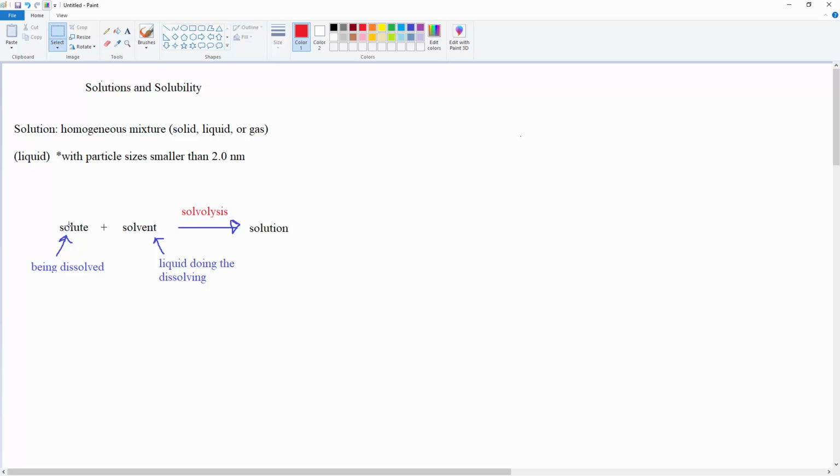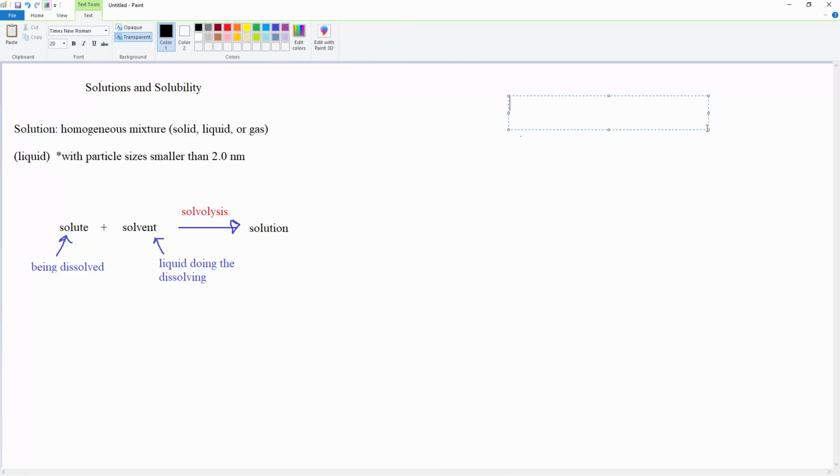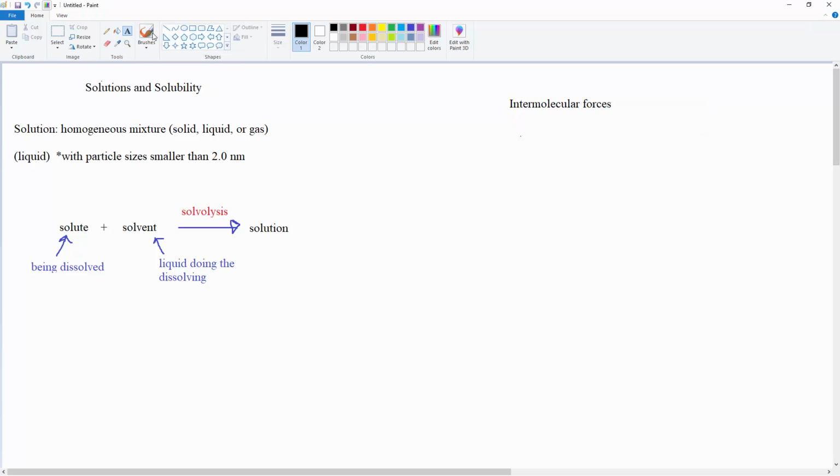But in liquids, we've talked about this before. It's been a while, but if you will remember, way back to our lecture on covalent compounds and ionic compounds, we talked about intermolecular forces. Do you guys remember these? I think we just gave a shout out to them with gases, very briefly.